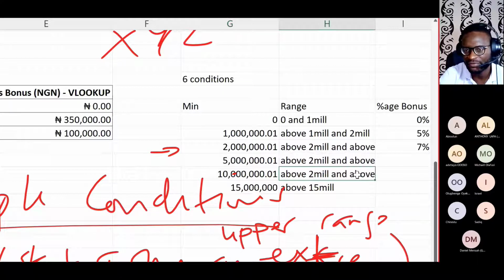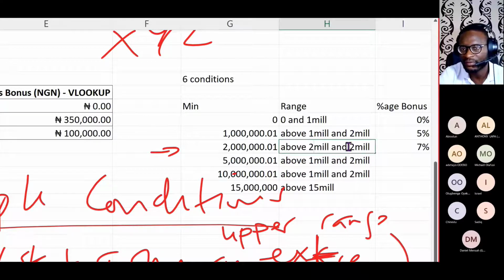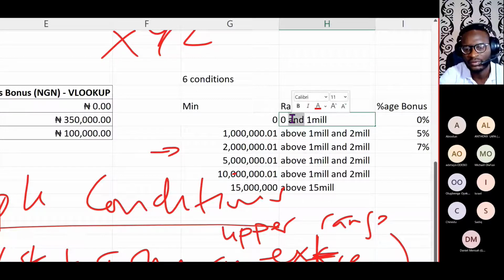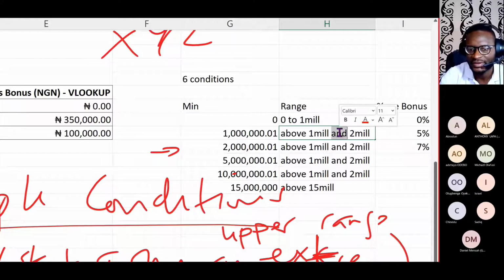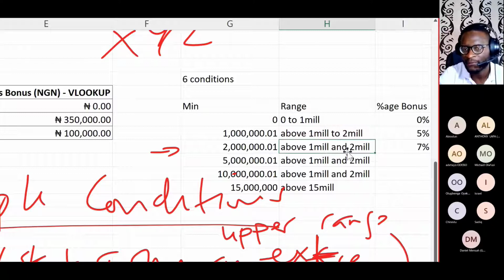And this one is above 2 million. This should be 2. What's happening to my English today? Above 1 million, but to 2 million. Above 2 million, right?